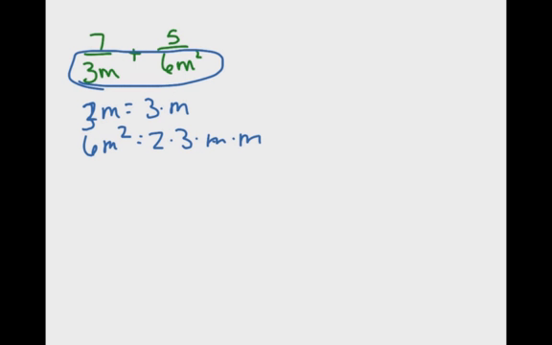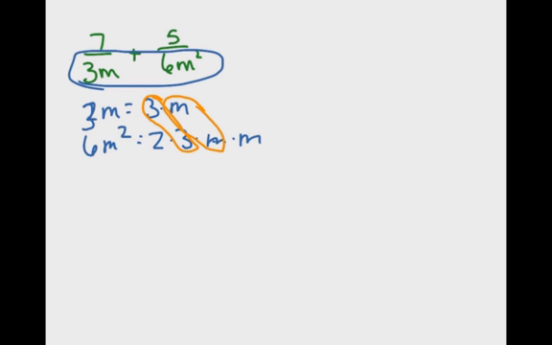So that's just our prime factorization. We see that we have a 3 and an m in common.